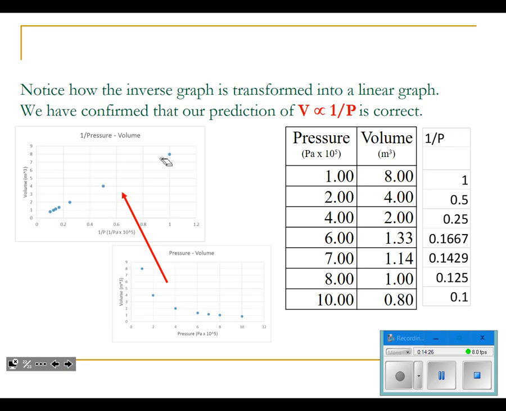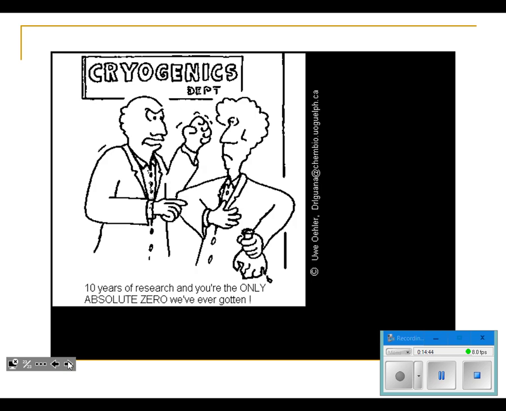So it will linearize it and make it a lot easier to find my slope. So then we would actually have meters cubed over our pressure. So that would make a big difference in our slope. So that ends this one.